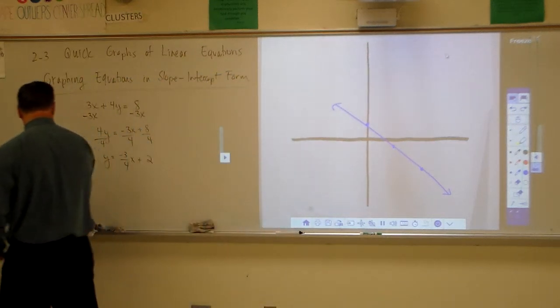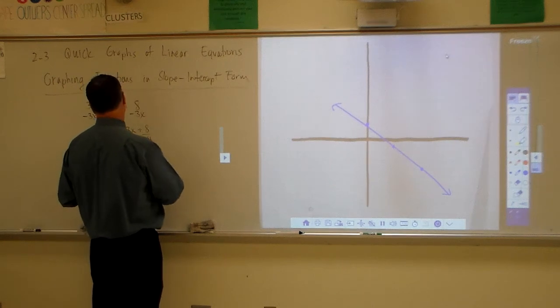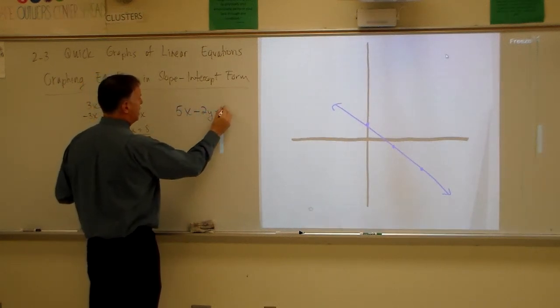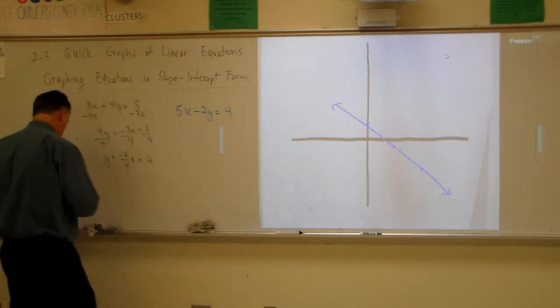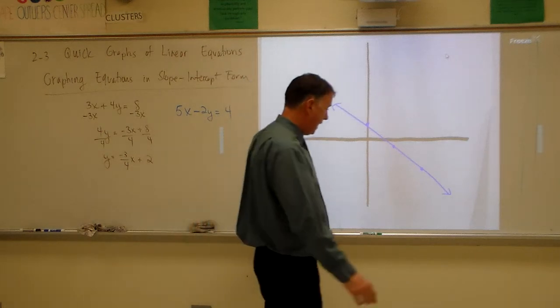So you guys try this one. Let's do 5x minus 2y equals 4. Okay, so go ahead, get that in slope-intercept form first, and then we'll graph it.